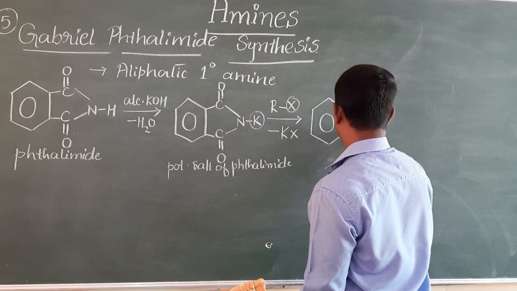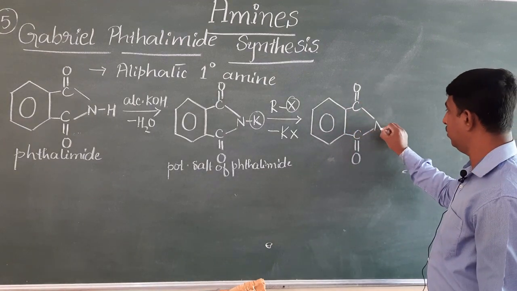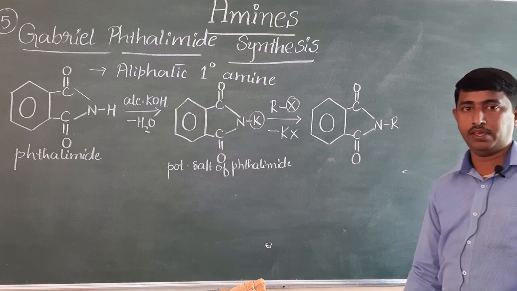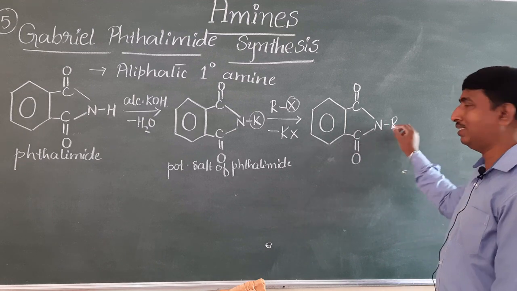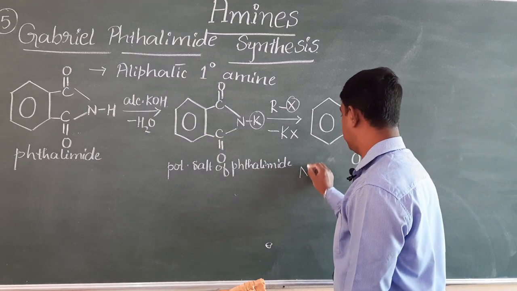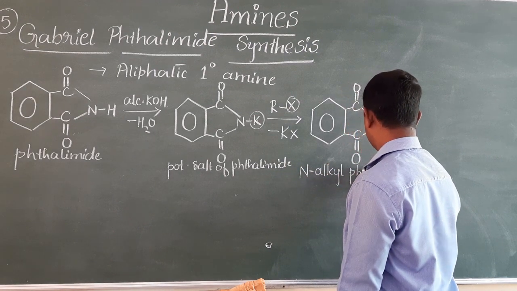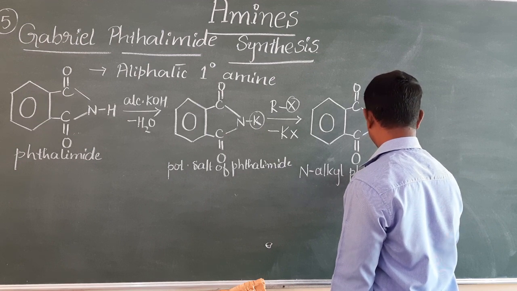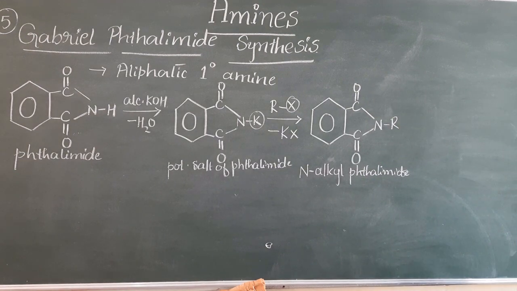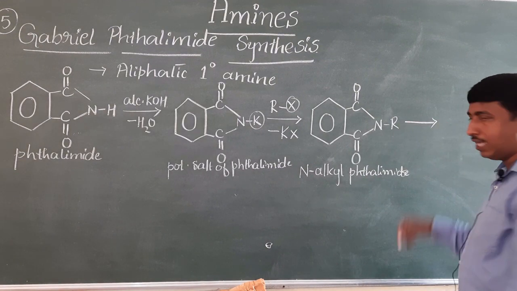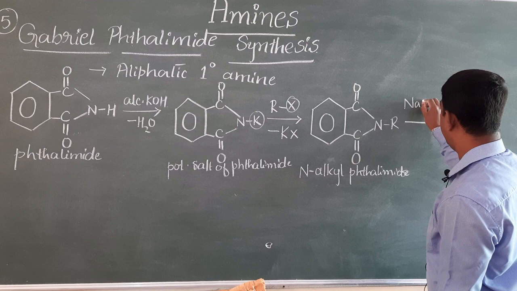This is C double bond O, C double bond O. Now NK becomes NR, where R means the alkyl group, the substituent present on nitrogen. So it is named N-alkyl phthalimide.